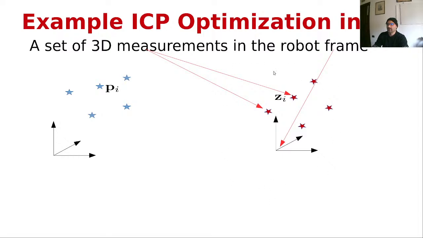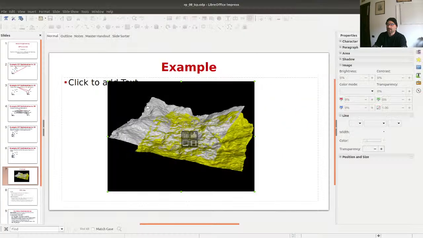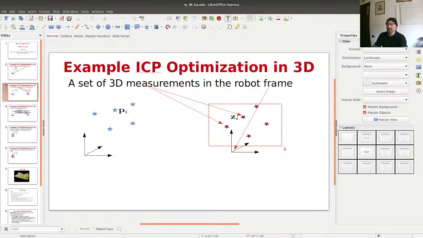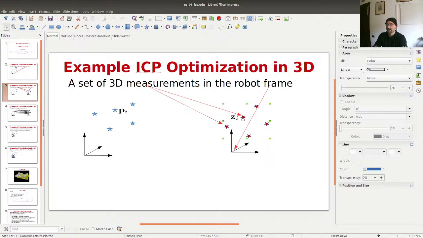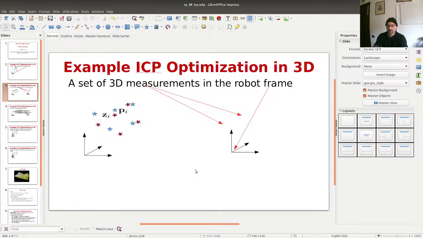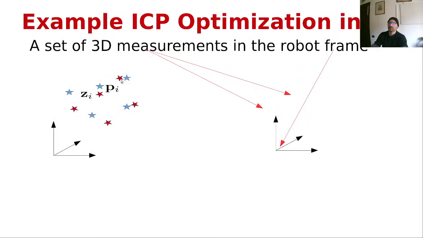Normally, if the clouds are far apart, this doesn't really work. But if the clouds are close together, like in this situation, now it would be easy to say, okay, this point matches with this point, this with this point, I don't know, probably with this. And this is typically the situation that you find in iterative matching.